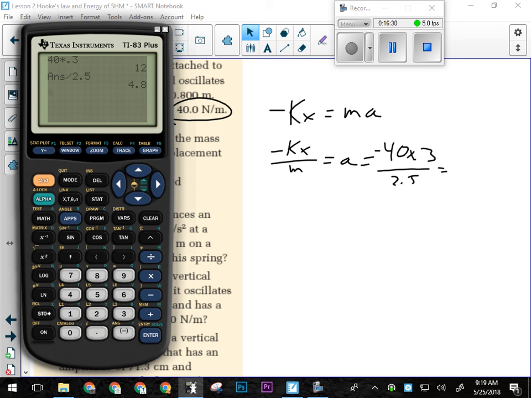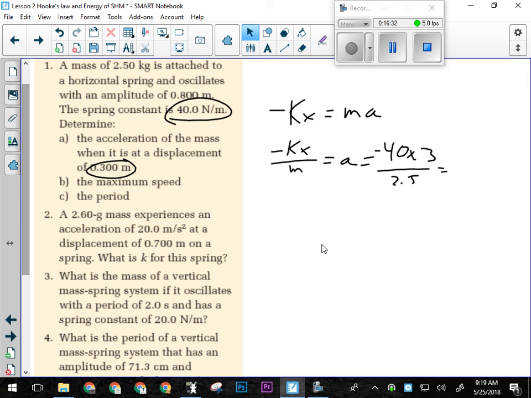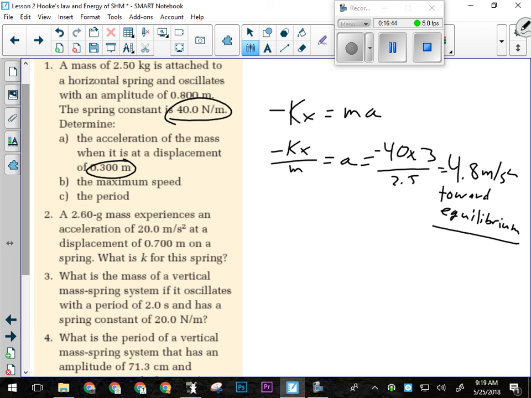It's about the best we can do. Questions on how we solve part A? Basically, anytime you're asked to solve for acceleration, the only way to do that is through Hooke's law and the use of net force and the sum of all forces.